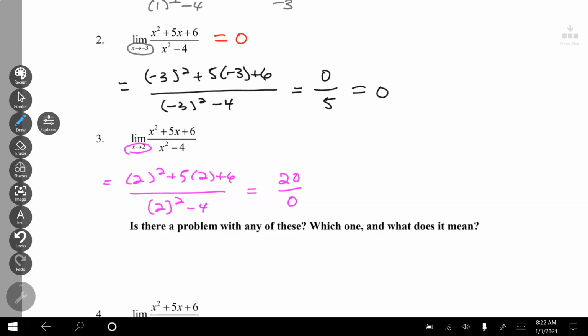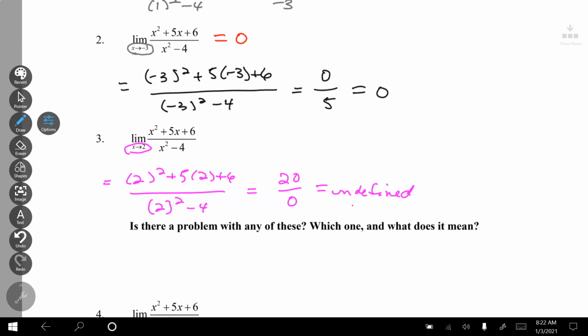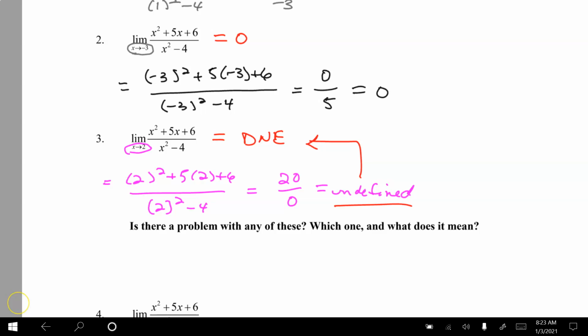And if you go to your calculator and do 20 divided by 0, you're going to get an error, because 20 divided by 0 technically is undefined. But these are limits, and I don't recall ever answering undefined for any of the limits. You do not. Whenever you get something that is undefined, you put down for limits DNE, does not exist. You cannot put down undefined for limits.